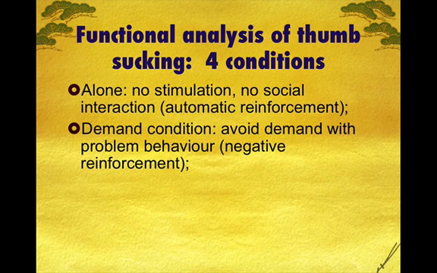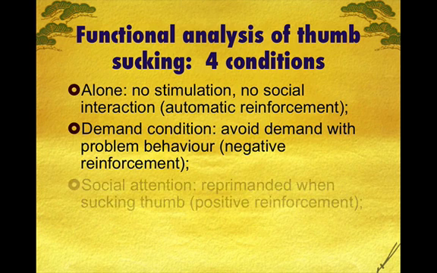A suitable demand will be placed on the person, not too much, but just a suitable demand. And we'll see if the behavior is used to avoid the demand. In which case, if that behavior has the function of avoiding the demand, we can assume that there's negative reinforcement in play.